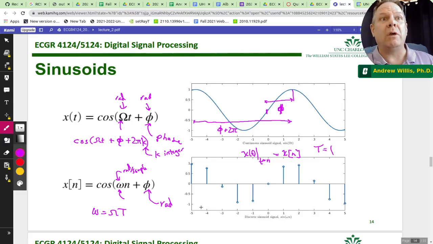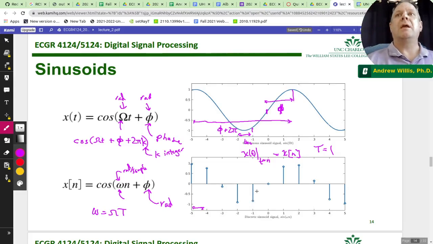So the interval between samples is exact. You can see that the interval between samples is 1 second, and that's why the sample value that you see here is the same sample value that you see here. Any questions on this?